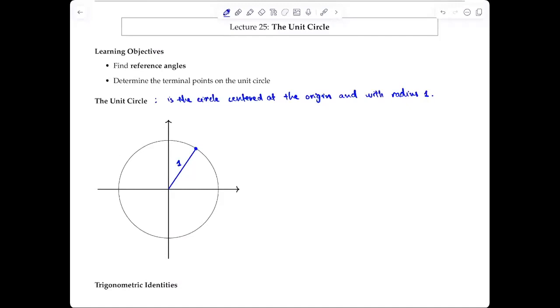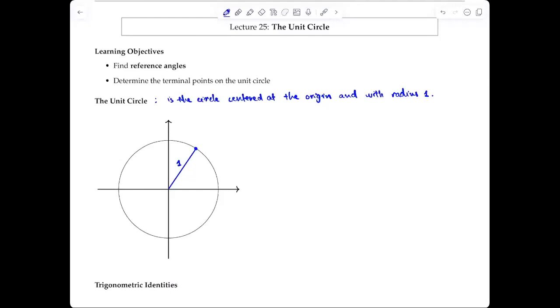You remember in lecture 3 when we first introduced the degree measure or the radian measure, or angle measure in general. When you start the angle at this side, which is called the initial side, and you end up at a certain side, that is called the terminal side.